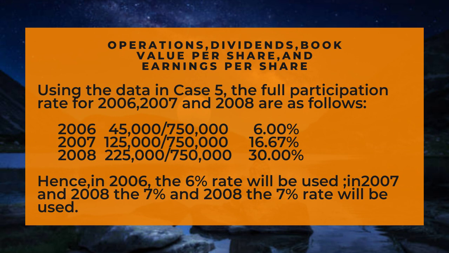Using the data in case 5, the full participation rates of 2006, 2007, and 2008 are as follows. 2006: 45,000 divided by 750,000 is 6%. 2007: 125,000 divided by 750,000 is 16.67%. 2008: 225,000 divided by 750,000 is equal to 30%. Hence, in 2006, the 6% rate will be used; in 2007 and 2008, the 8% rate will be used.